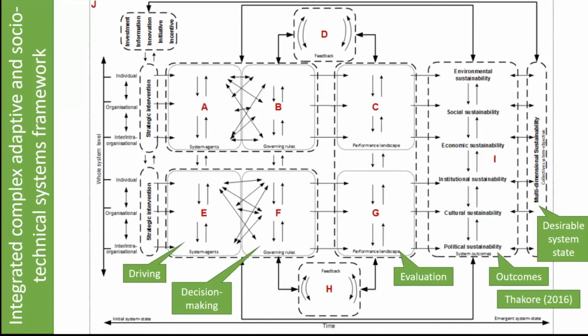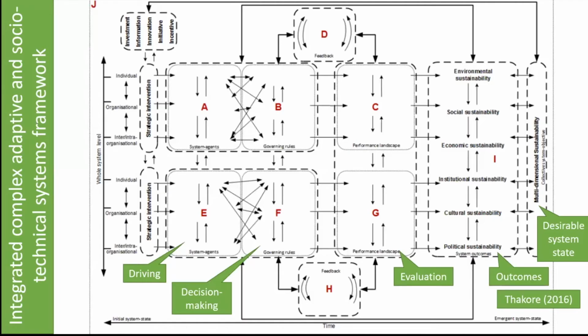Now, what I have done here is integrate the multi-level perspective of socio-technical systems and the CAS mechanism, and I'm presenting to you an integrated complex adaptive socio-technical system framework.